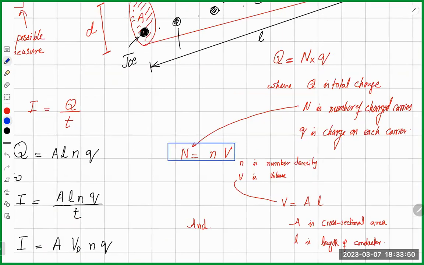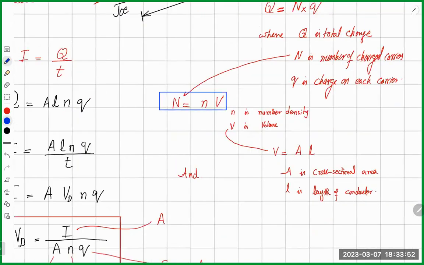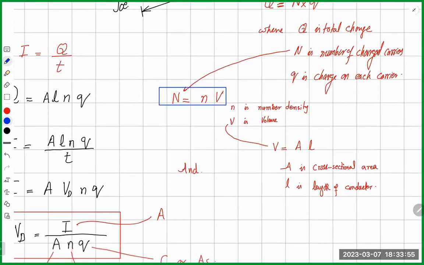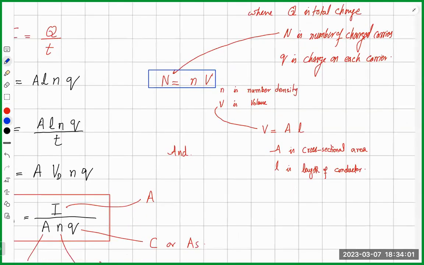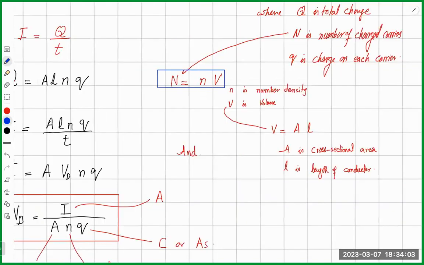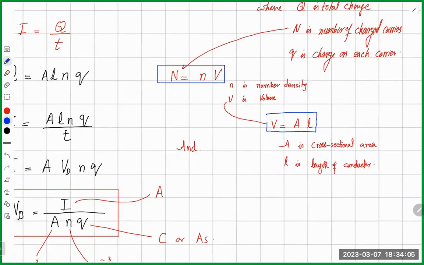Number of charge particles is N, capital N, where small n, remember, is not number, it is number density. Volume equals AL.